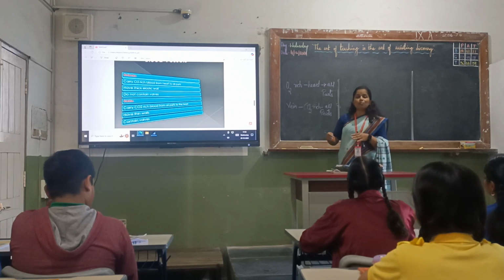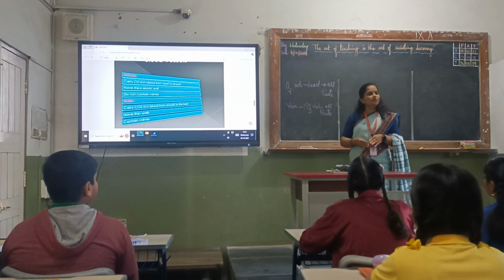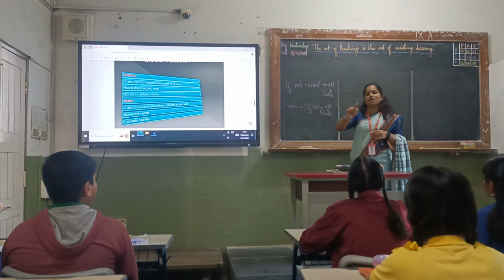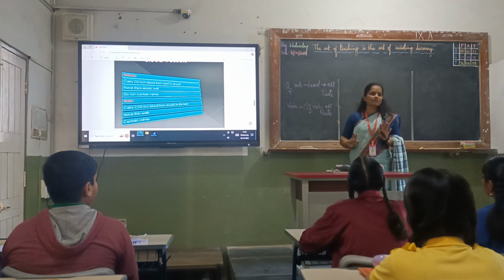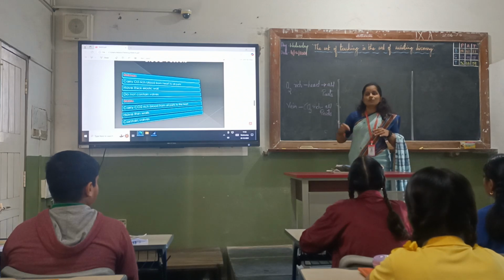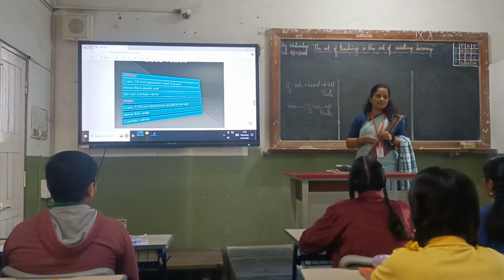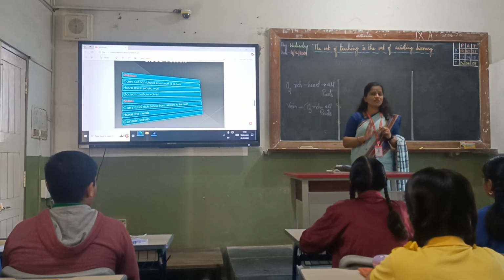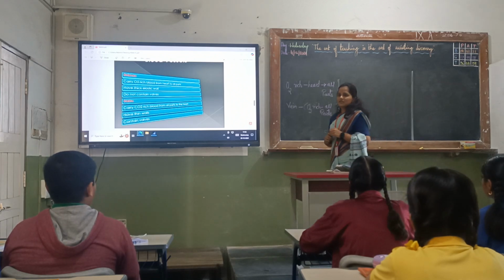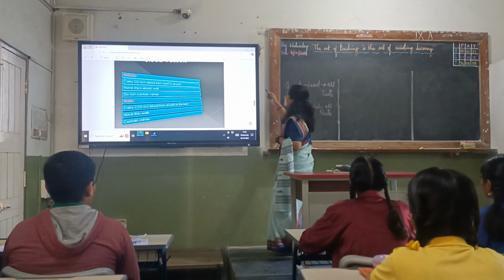Valves in the vein permit the blood to flow only towards the heart, but not any organ. Because there are many organs, so blood may go into any organ, no? So to give the direction, valves are present in the vein. You should know which kind of blood arteries and veins carry.